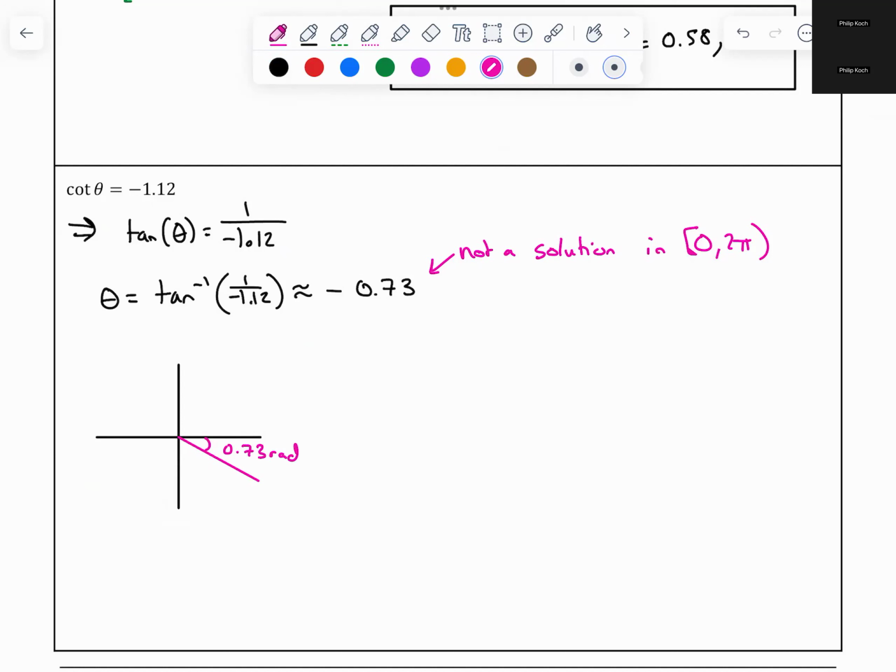I guess technically negative, but let's say theta sub reference equals 0.73. The angle itself is negative 0.73, but the reference angle is always a positive number, 0.73.